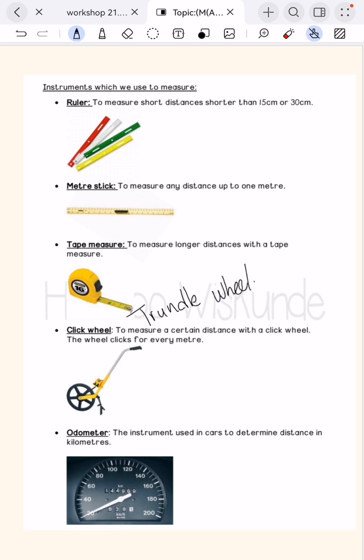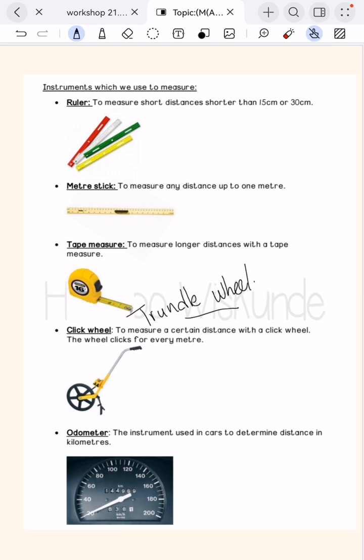We usually use it on soccer fields to measure the size of a field, or to measure the distance from one area to another. For longer distances, where the tape measure or the meter stick cannot be used, we consider the click wheel or the trundle wheel.